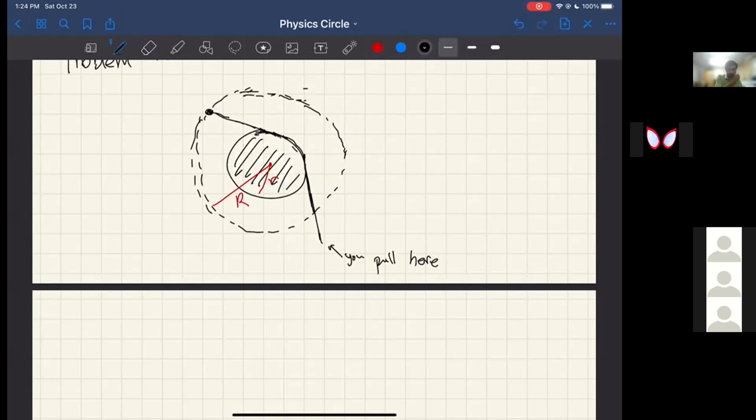You're pulling on one end of the string, and there's a mass m here, moving along in this circle. Initially, it has tangential velocity v0, and you have to pull it in such a way that it always keeps moving in a circle.